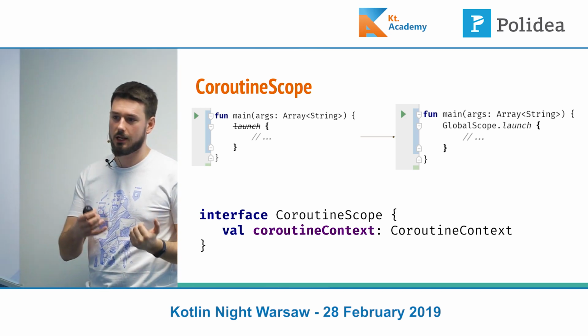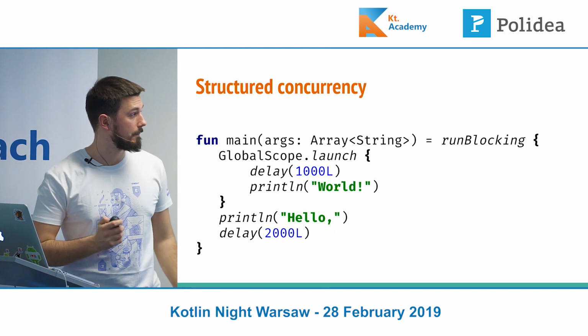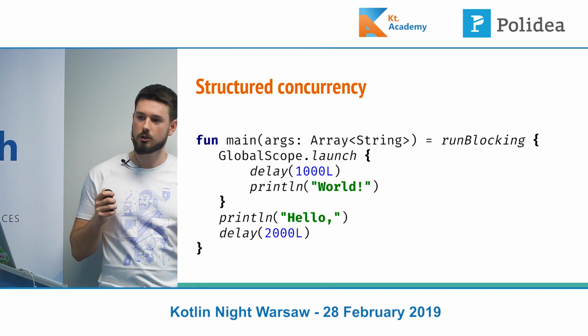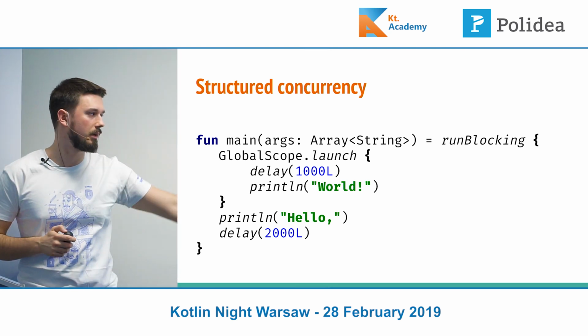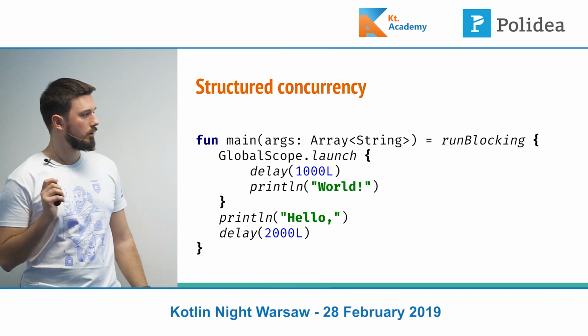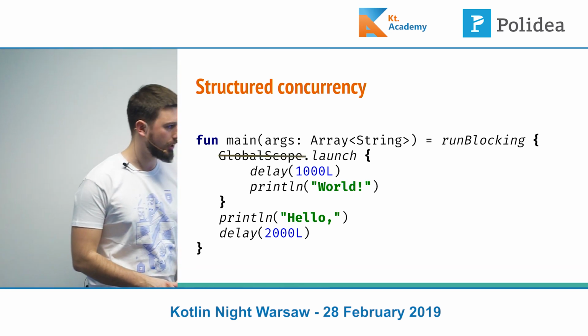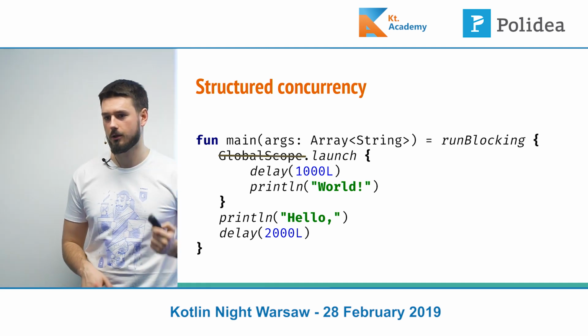So it makes a relationship between coroutines inside coroutines. This is a part of a concept called structured concurrency. So for instance, when you have runBlocking wrapping launch, then you can get rid of this GlobalScope, and right now launch will be a child of runBlocking.